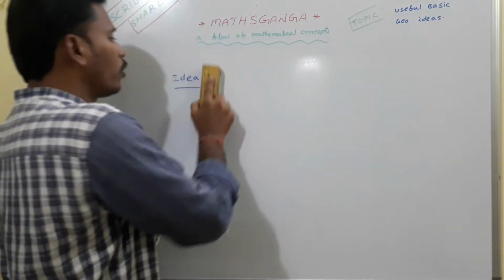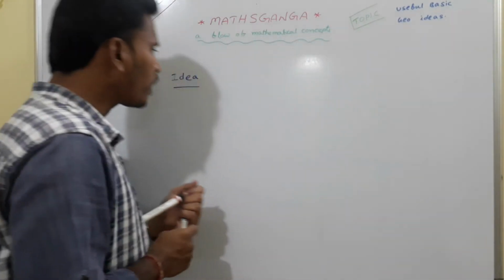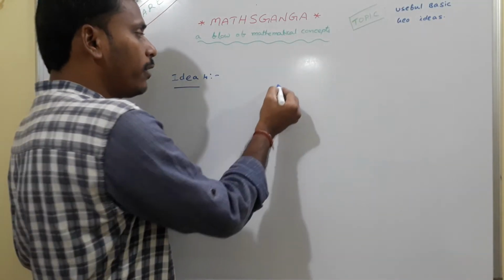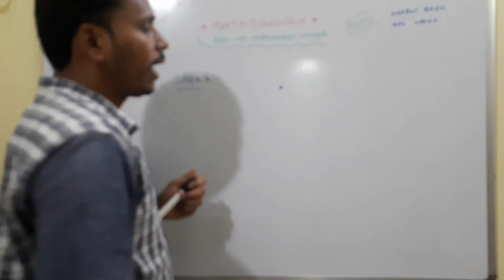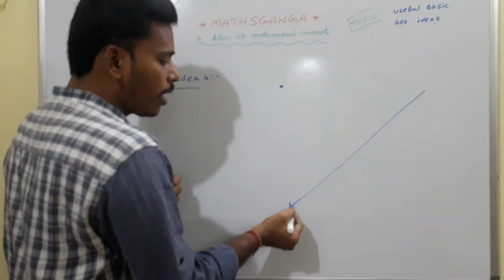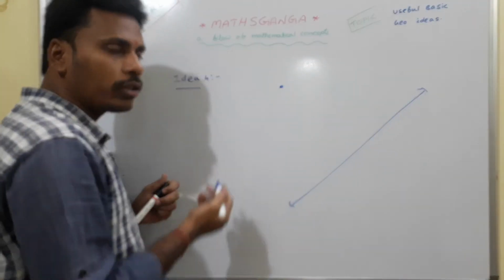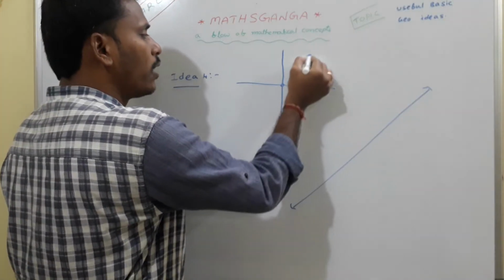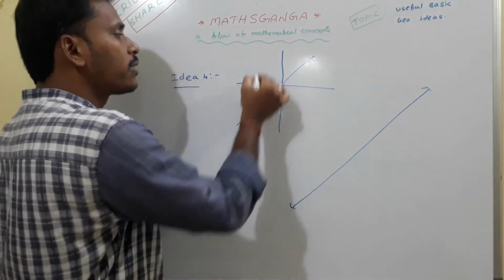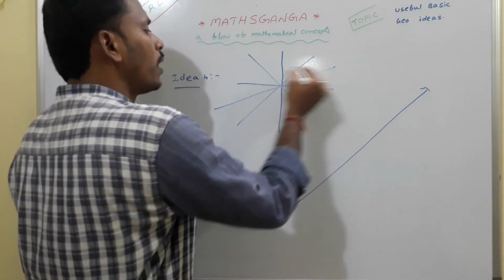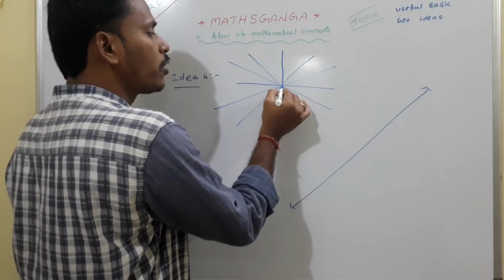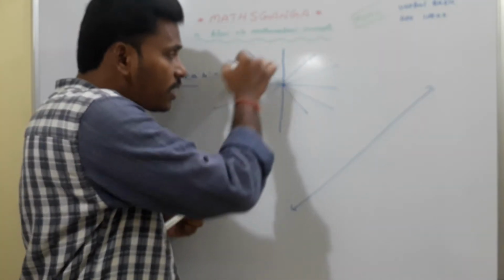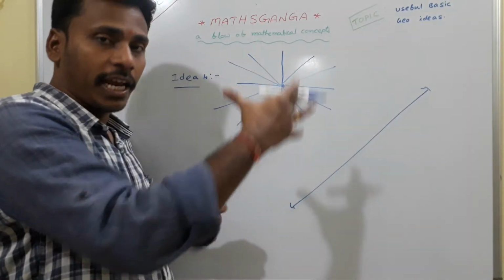Then coming to idea 4. That idea 4 is also a very useful one. See, I have a point and I have a line. We know that there exist infinitely many lines passing through one point, in infinite directions.